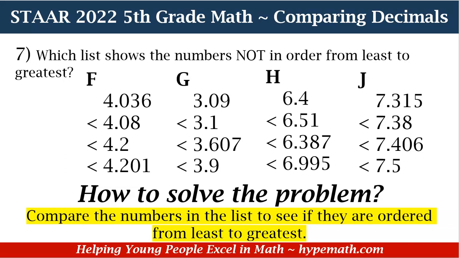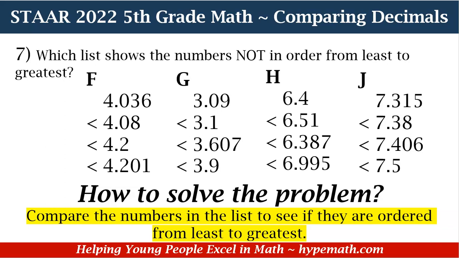Then we said for step 2, we're going to start at the furthest left side, and that place value is our ones place, okay? So now let's just focus in on F. All of the numbers have a 4 in the ones place, so we're going to move to the right to the tenths place to compare the numbers.